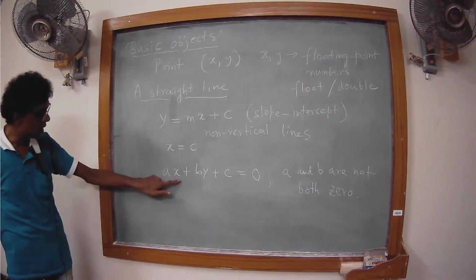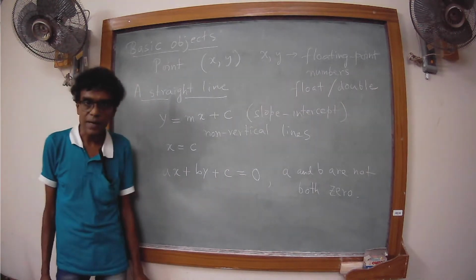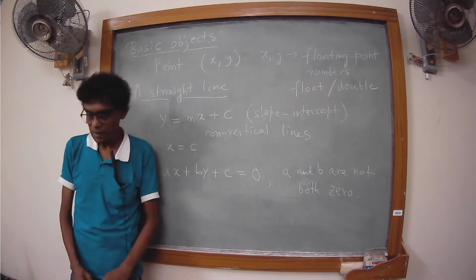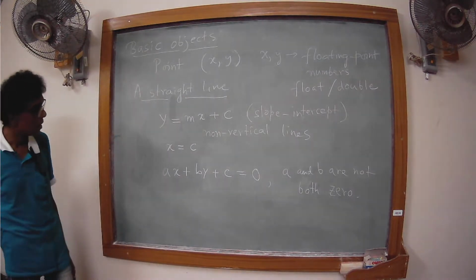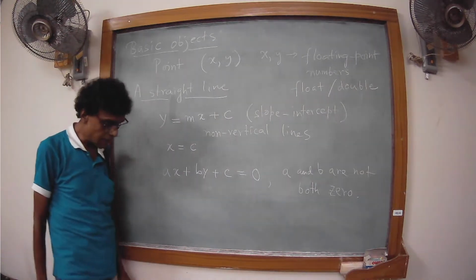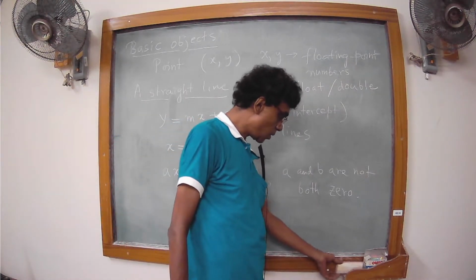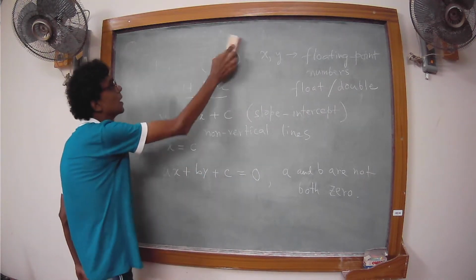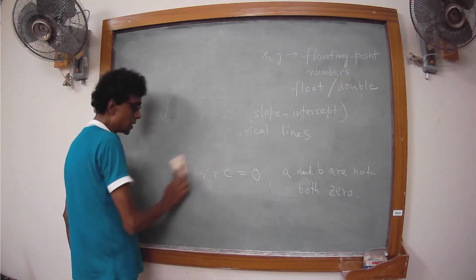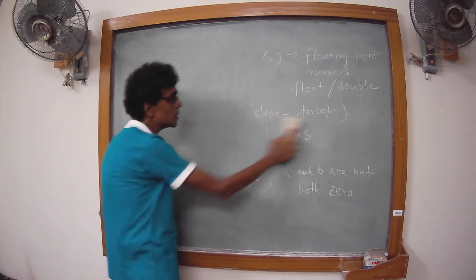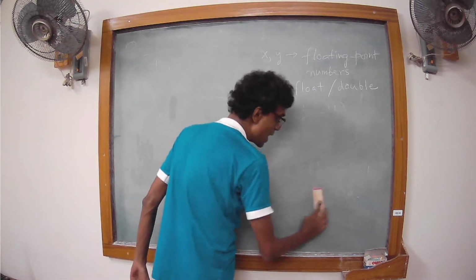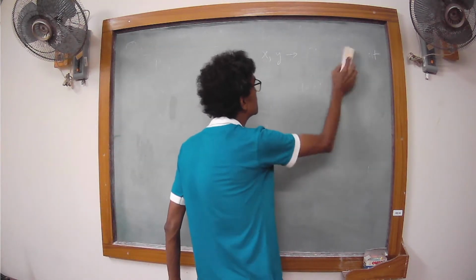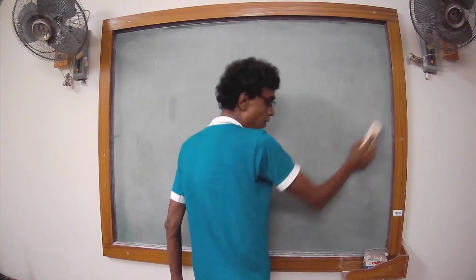So this is definitely a better representation because it can handle arbitrary lines, vertical, horizontal, whatever. There is a third way which we also use for representing lines. And this also turns out to be perfectly general and sometimes more useful than this ax plus by plus c equal to 0 format.